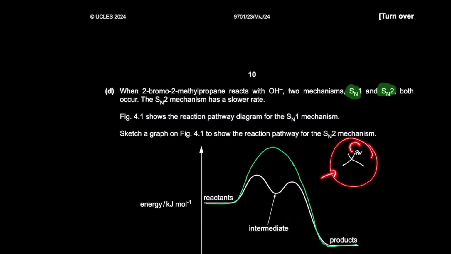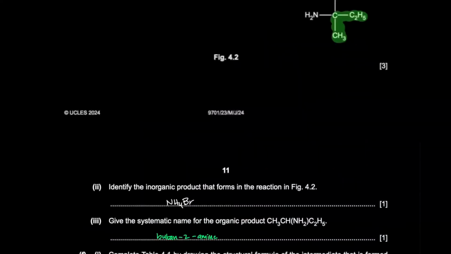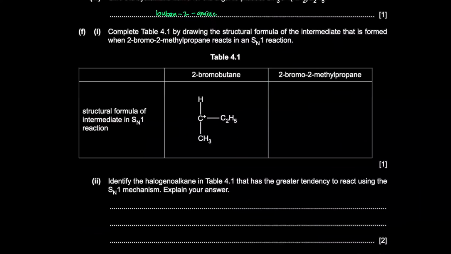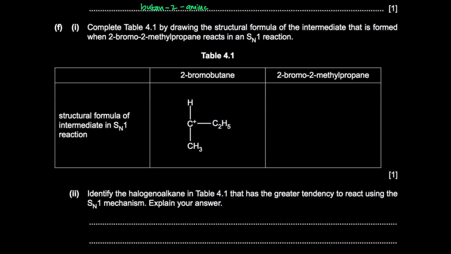We've got 2-bromo-2-methylpropane, so that would be a 3-carbon chain, propane. On carbon number 2, you have a bromine and a methyl. So you have a CH3, CH3 here, a CH3 over here, and then you also have a bromine. But in the SN1 mechanism, the bromine is lost in the first step. So you end up with a carbocation intermediate, a carbon with 3 methyl groups.